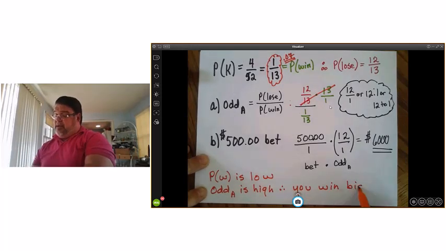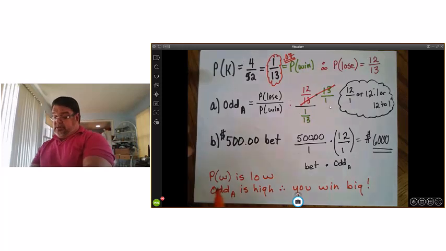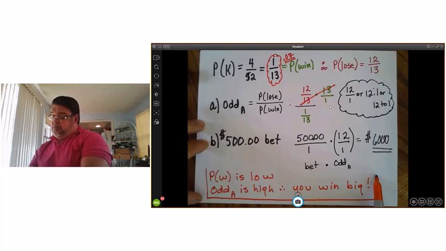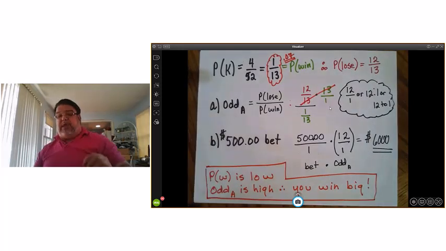I mean, how many of you would say that turning $500 into $6,000 is a pretty good bet? That's a pretty good bet. So if the probability of winning is low, then the odds against will be high. And if the odds against are high, and you pick that card, you will win big.